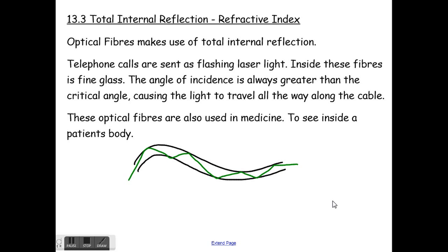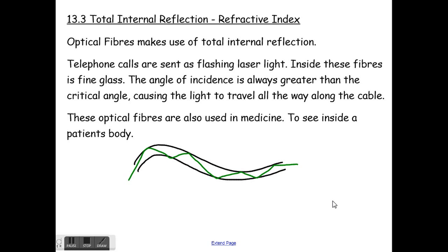So the inside of these things is made of fine glass. So the light is constantly bouncing inside it, because the angle of incidence is not small enough that light would leave the cable, that it would be refracted.